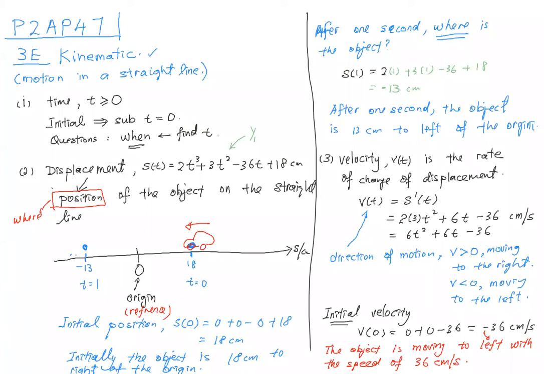Okay. So now we have the velocity. What do you mean if I say the object stops moving? If I change the question from here, I move to a question like, when is the object stop moving?